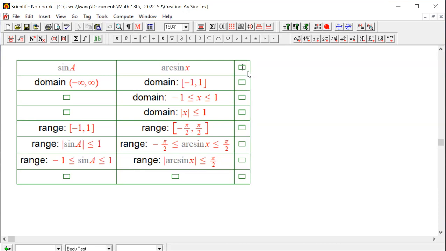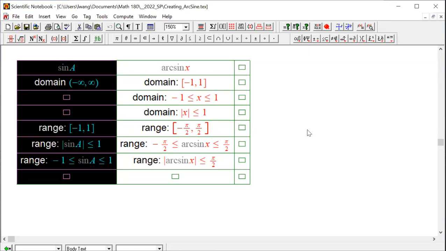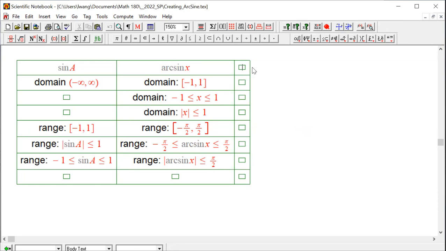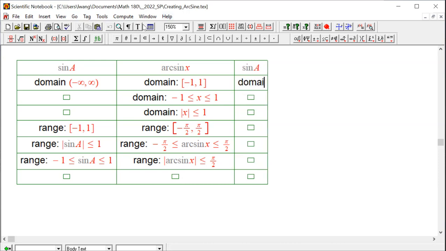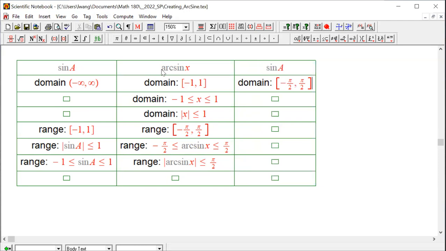How about the other sine, the other sine with the constraint? I'm going to put it here. The other sine, which is the inverse for arcsine, has the same domain, no, the domain is from negative pi over 2 to pi over 2, as we have shown.